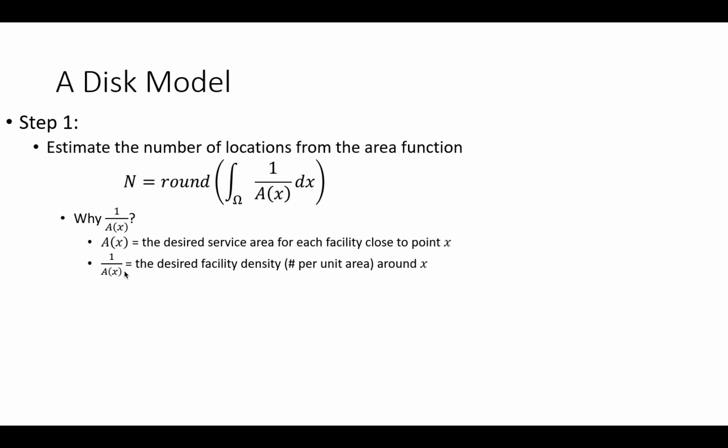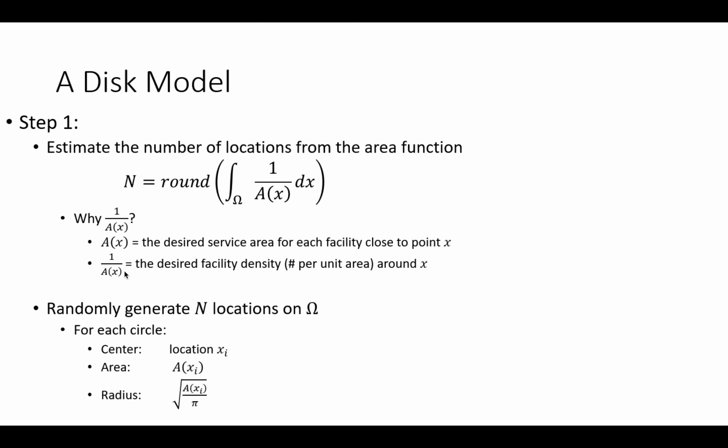It's the desired facility density around x, or the number of facilities per unit area induced from the A function. So the total number of facilities is the integration of 1 over A. Consider you integrate the density of an object, you get the mass, right? You integrate the density of facilities, you get the total number of facilities in the region.